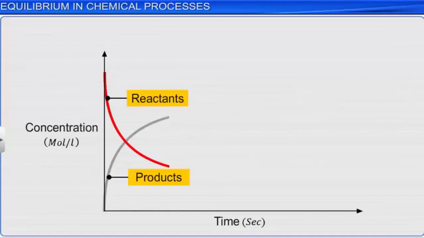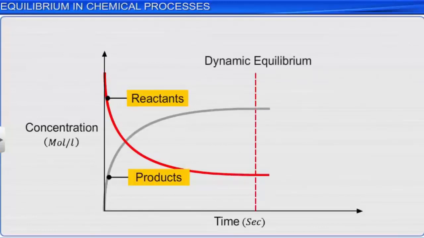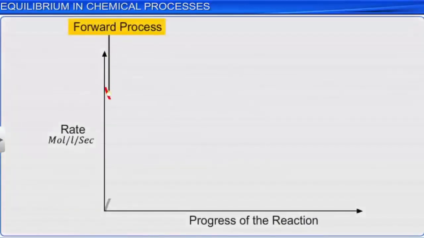After some time, a stage is reached when the rates of both the forward and the backward reactions become equal and the system reaches a state of equilibrium. We can graphically represent dynamic or chemical equilibrium as a forward reaction starting at a higher rate and a reverse process starting at zero rate coming together to reach an equilibrium point.